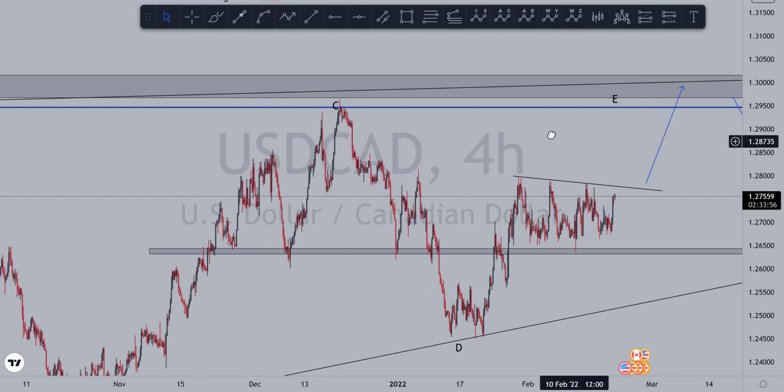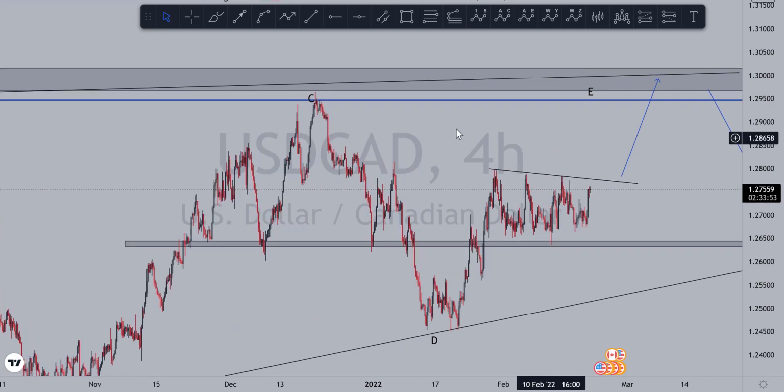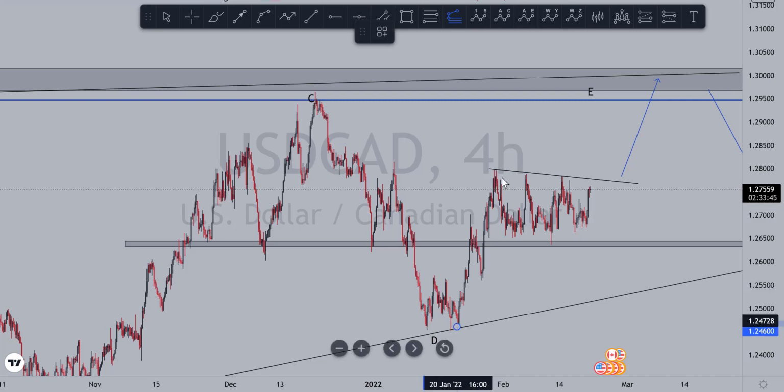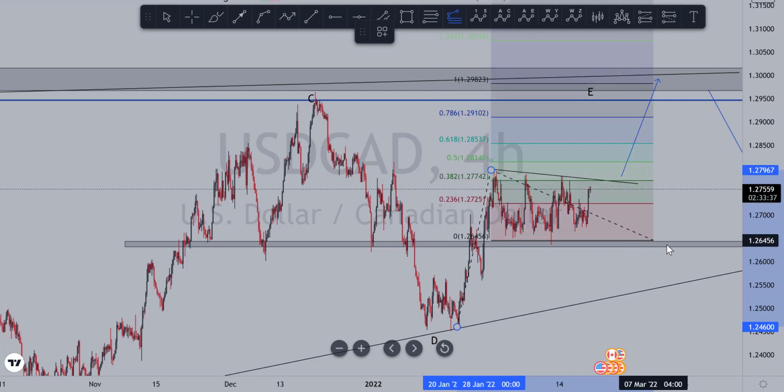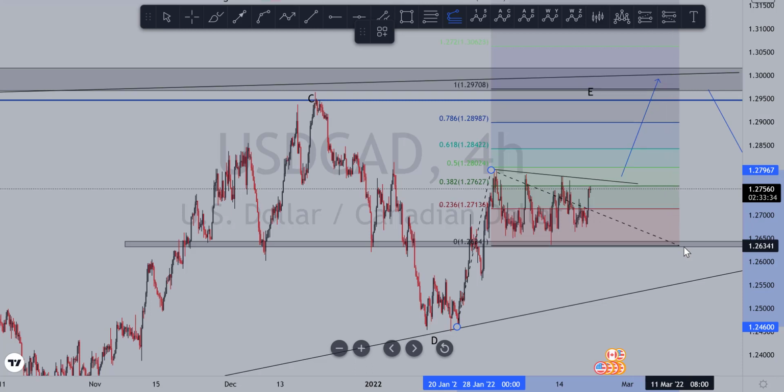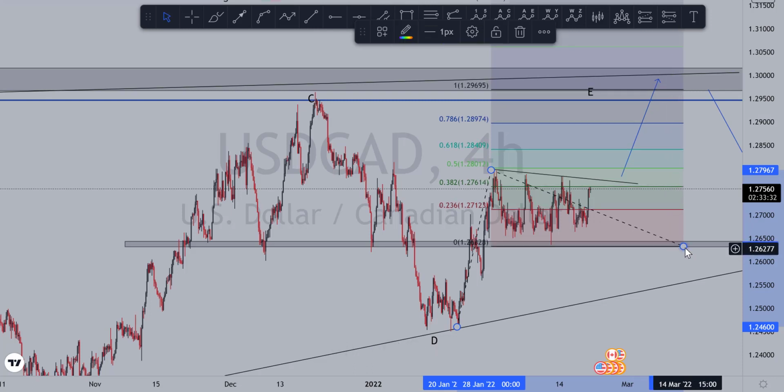Where am I expecting my take profit? I'm expecting my take profit to be just before this high there. Let's just measure and see if what we are saying is possible, because we just want a one-to-one situation where this wave will be equivalent to this wave just above this area there.